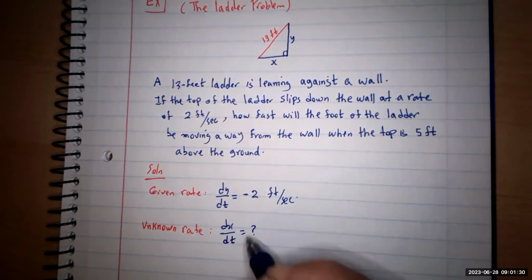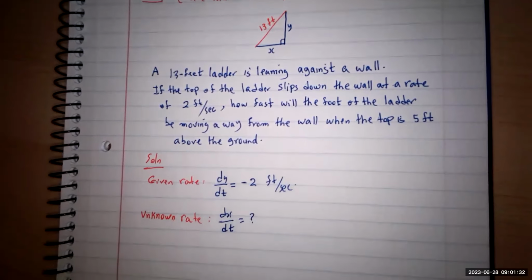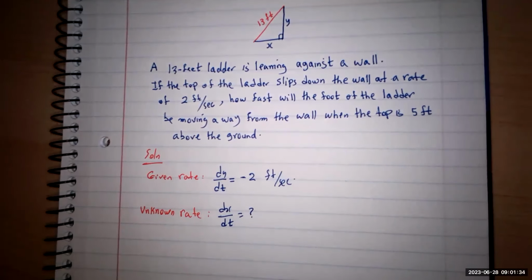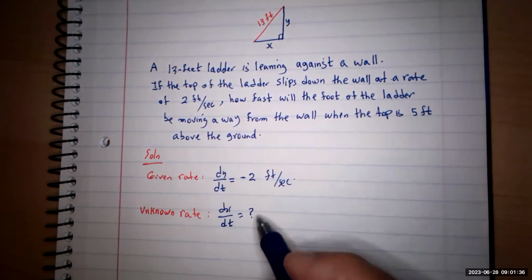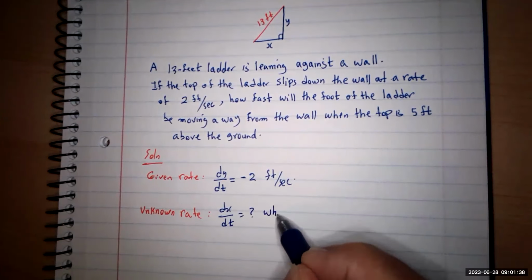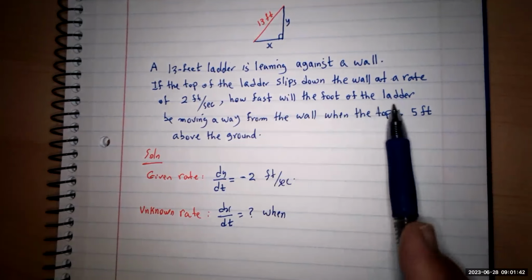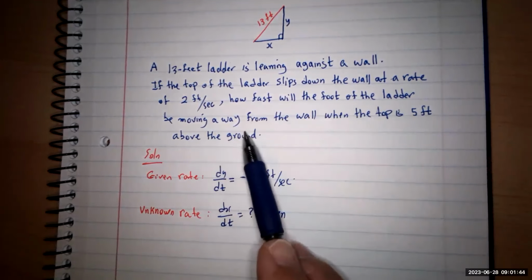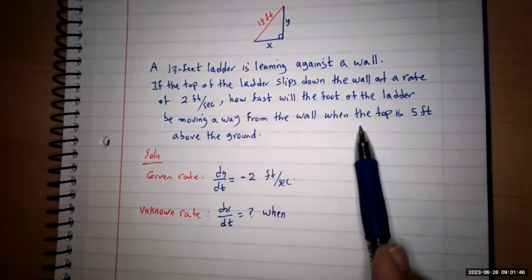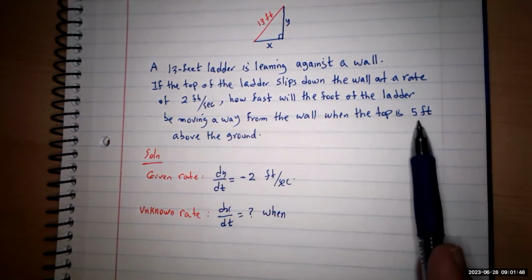As long as you find the first one correctly, the second one is clear. But when do you want it? They ask how fast the foot of the ladder moves away from the wall when the top is 5 feet above the ground.